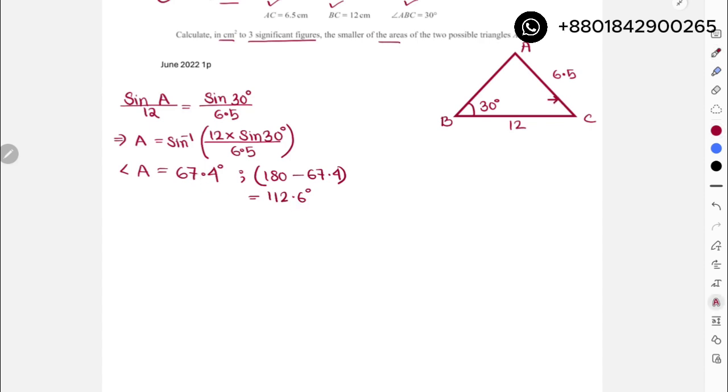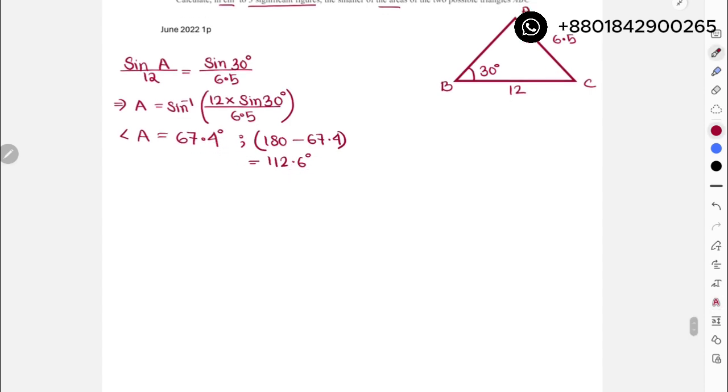I can understand that in order to find the area, I have to use angle C, and for this angle C, I can use either of the two values for angle A to calculate it.